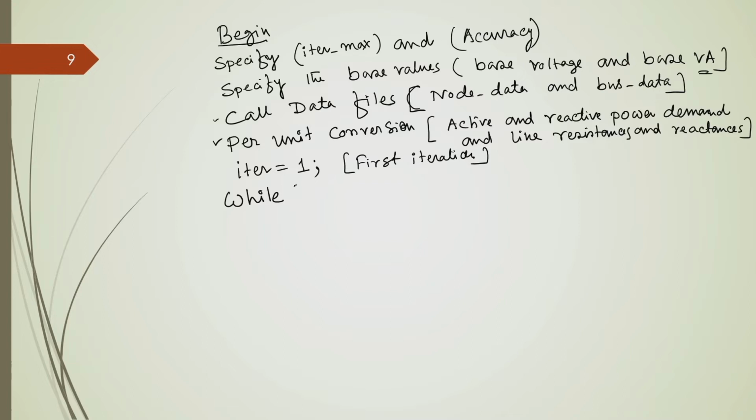So, while ITR is less than or equal to ITR max, that means this is the first termination criteria, a check whether the current iteration number is less than or equal to the maximum iteration number that you have set.